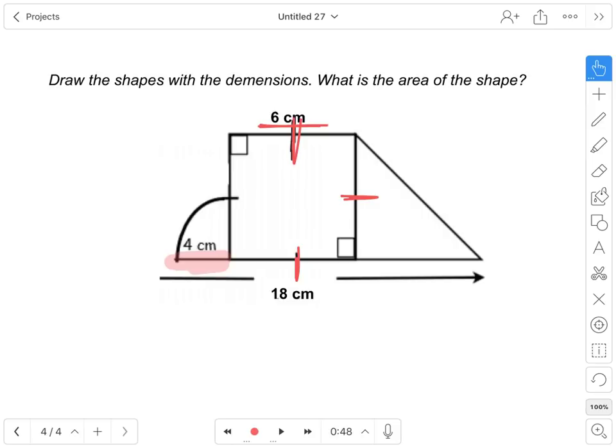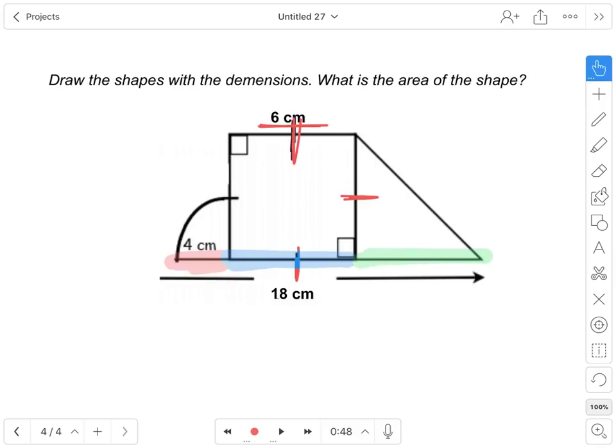Okay, so you guys got that. Then you did the one with the square. A lot of you got the square correctly. You just did 6 times 6, and that gives you 36. So you were able to do both of them. The one that you had trouble with was the triangle.